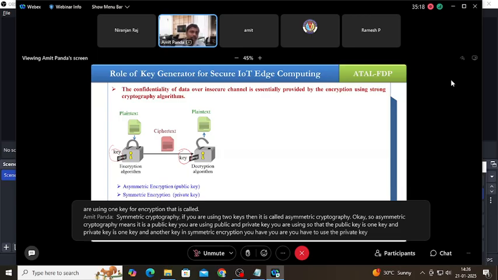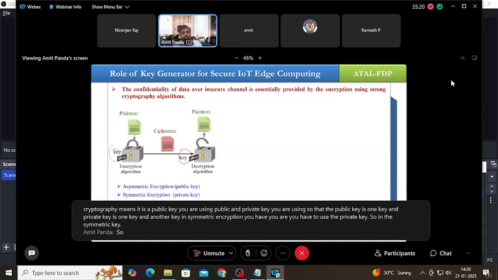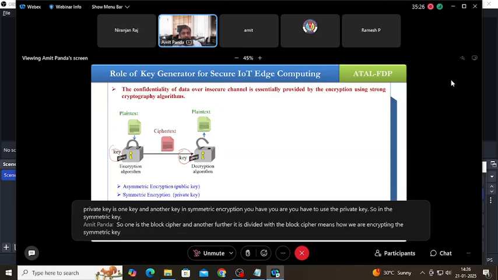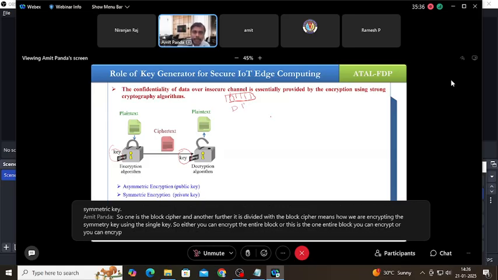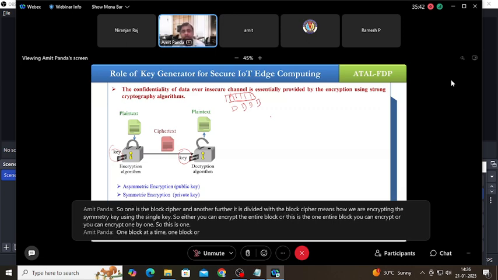In symmetric key cryptography, one type is the block cipher, and another is the stream cipher. It is divided by how we are encrypting using the single key. Either you can encrypt one entire block at a time, or you can encrypt one by one, bit by bit or byte by byte.